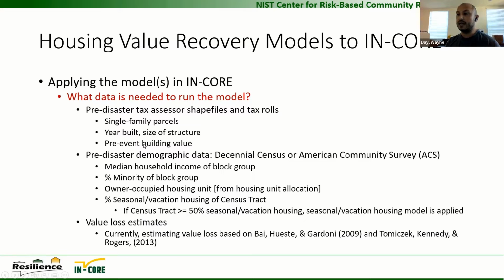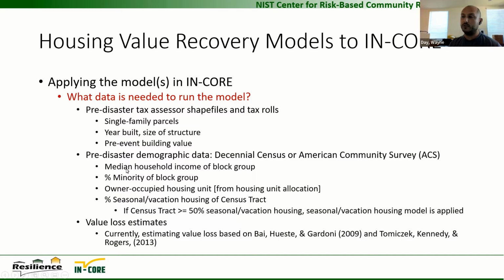But from the tax assessor data, we get the single family, the year it was built, size of the structure, and pre-event building value. From the demographic data, we're getting median household income, percentage minority, owner occupancy, and that really comes from the housing unit allocation.